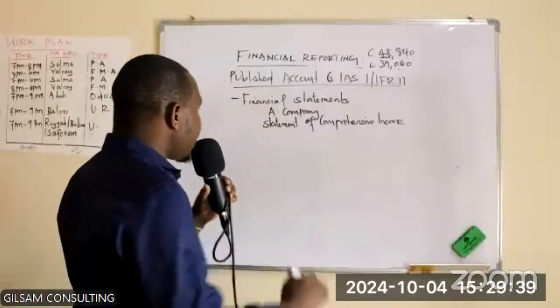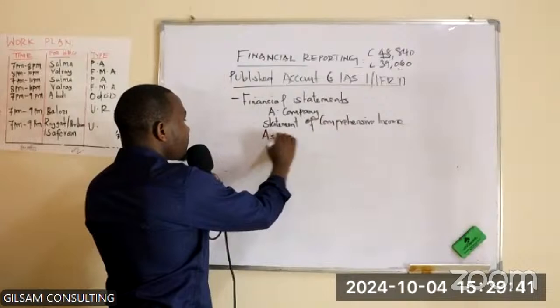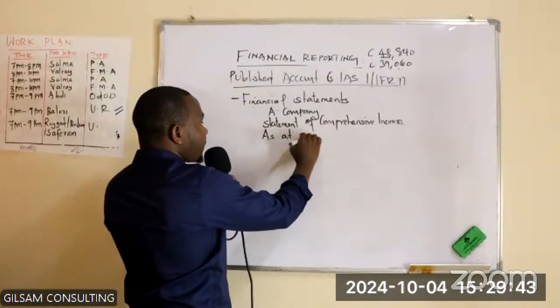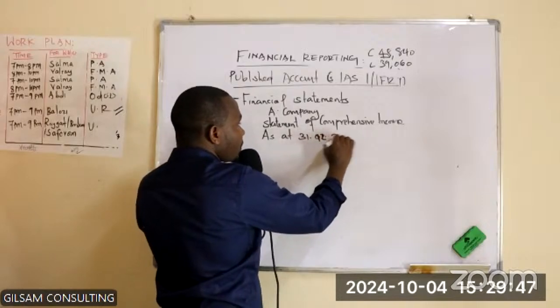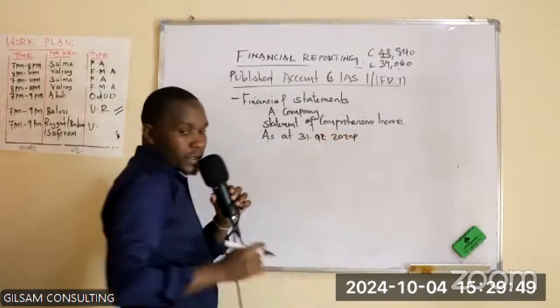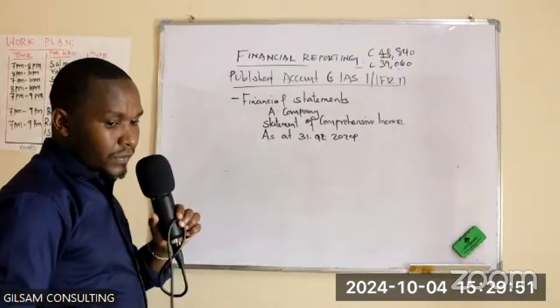Statement of comprehensive income as at that date, maybe 01/02/2024.